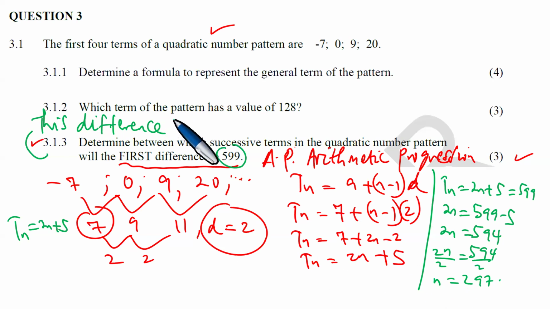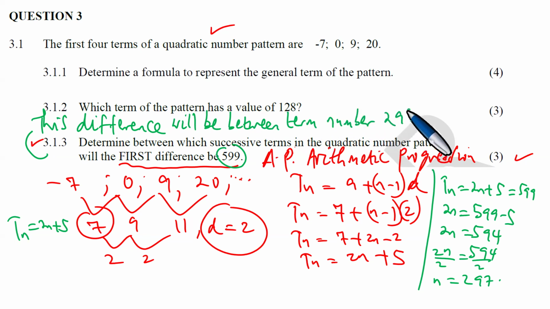It means this difference will be between term number 297 and 298. Okay, now there's something you need to consider here.